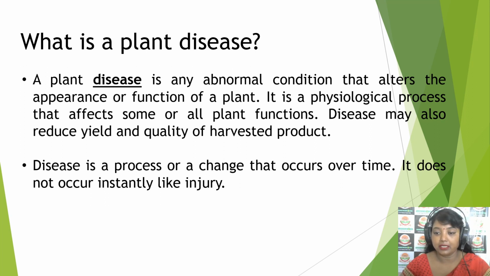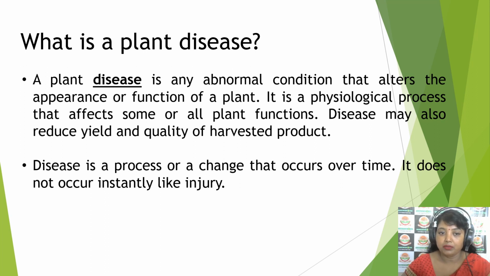We can predict this from the yellowing, the drying patches and the spots, because of which there is an alteration in appearance and in the function of the plant. The main function affected is the yield and the quality of the food products. The plant's yield is reduced, and so is the quality of the harvested products.